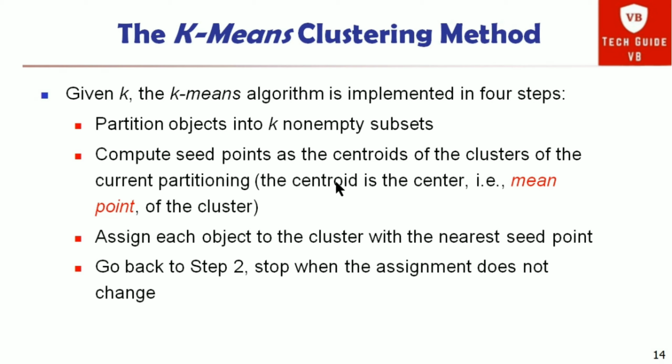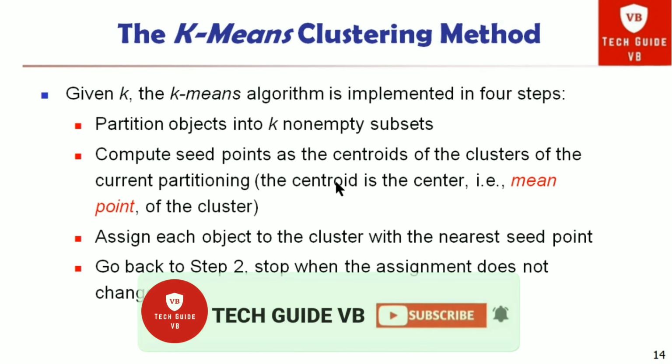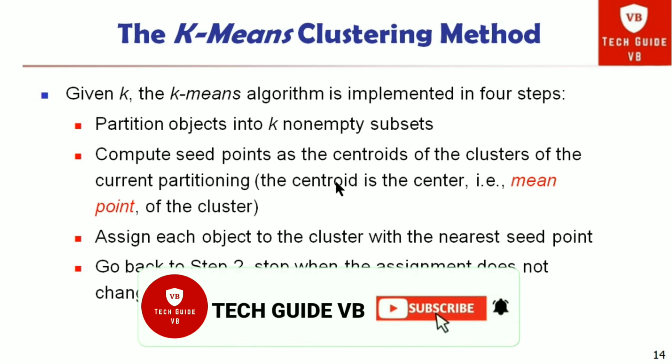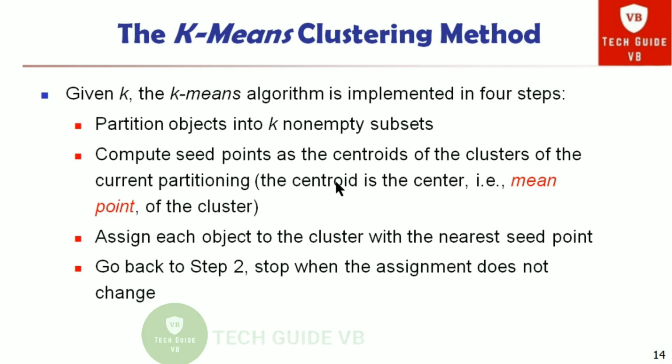Then the third step is to assign each object to the cluster with the nearest seed point. After finding the mean point of the cluster, we assign each object to the cluster with the nearest seed point. The important thing is assigning to the nearest seed point.